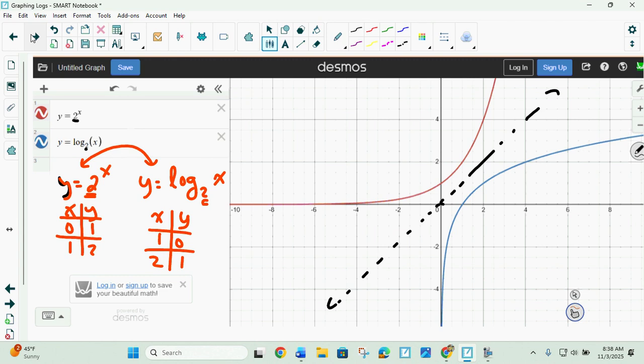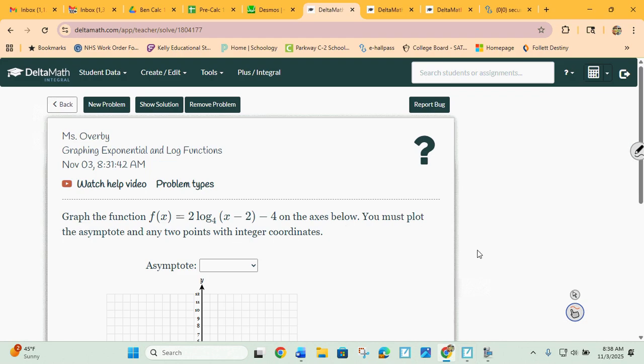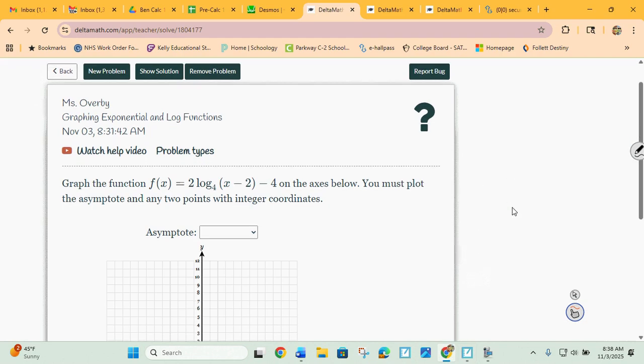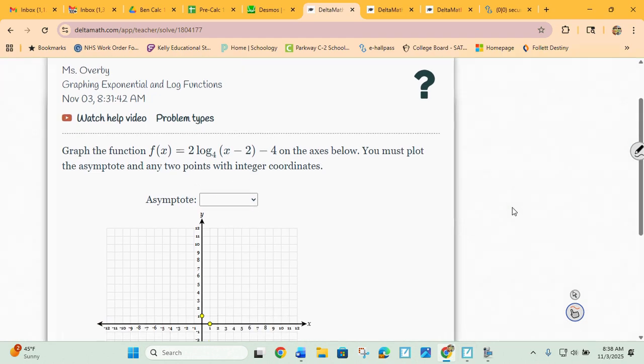So here we go. I'm going to do 3 Delta Math problems with you. I'm going to do the first one, and then you're going to pause and go get it done on your own. I'm going to be focused on the first thing, and that is, what is the base of my log? The base of my log is 4.